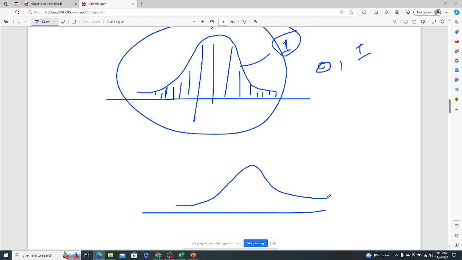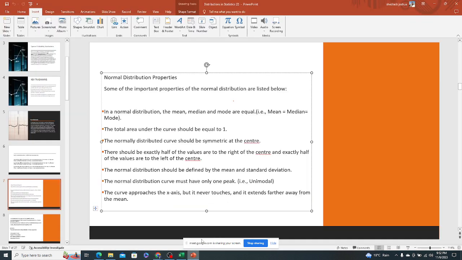For it to be symmetric at the center, it means that it is possible to cut the normal distribution into two equal parts, meaning the area for this will be equal to the area for this. And at this point it will be equal to the mean of the data.